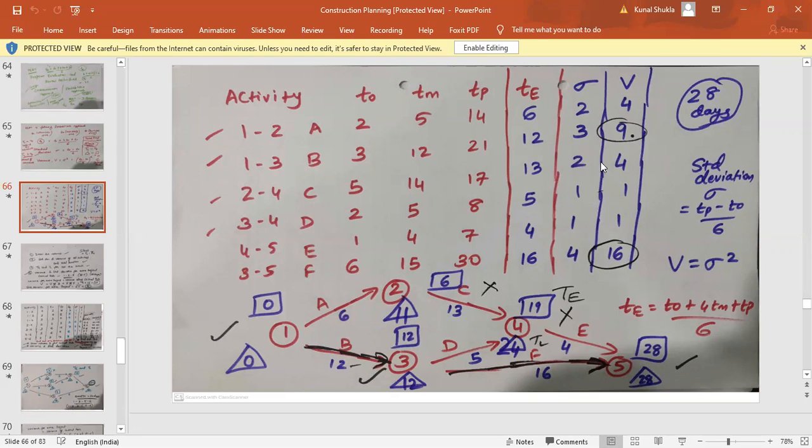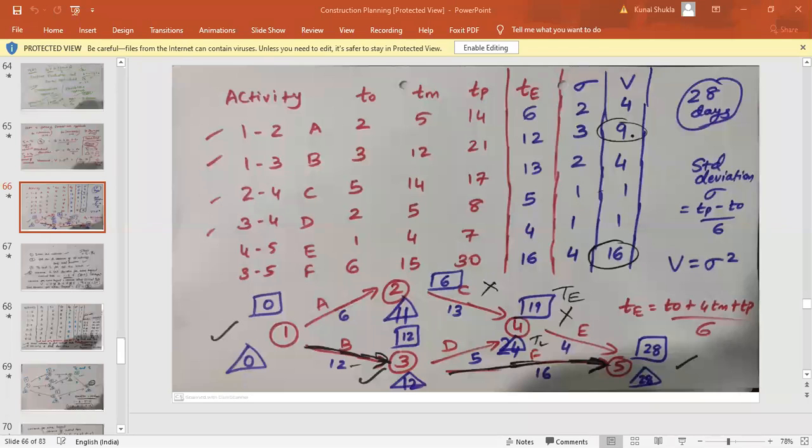So just check it out. Once I get this te, I have written it at the bottom of the activities and calculated the square and the triangle brackets. Just copy this and do it all. You can see on the screen that I have formed the network.